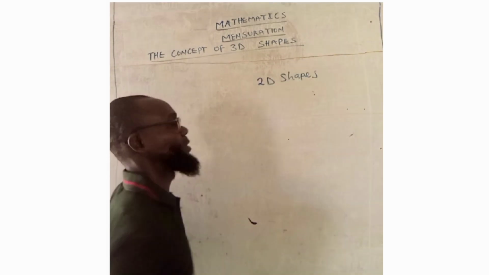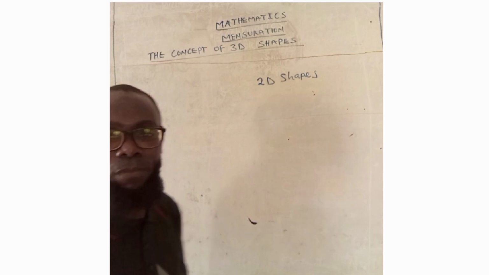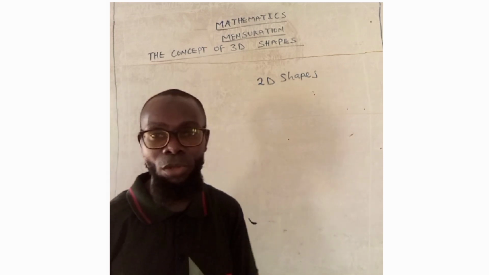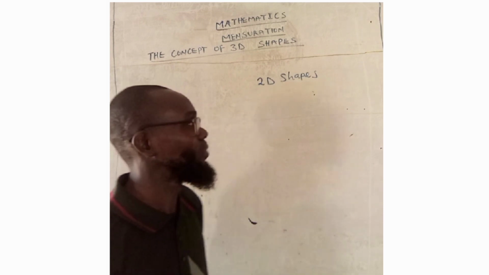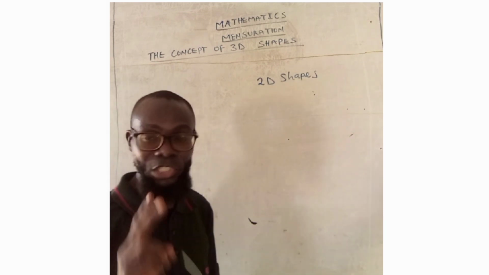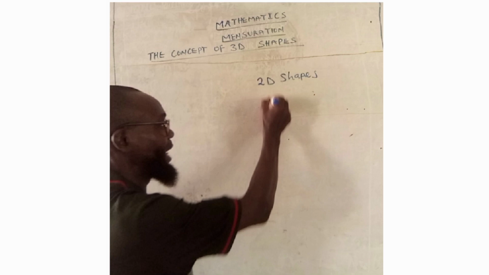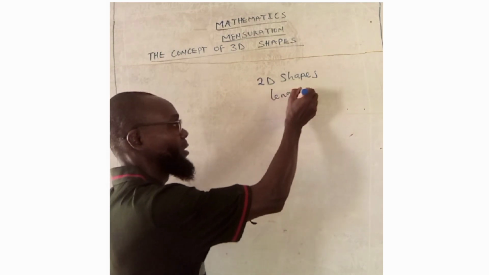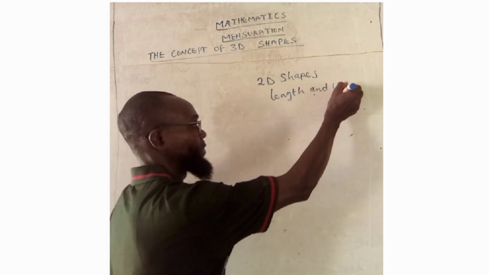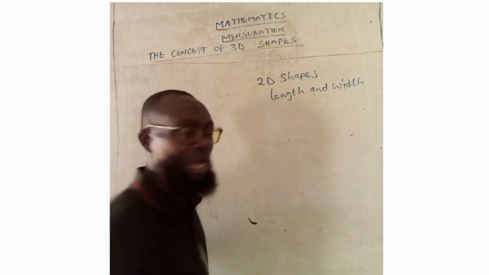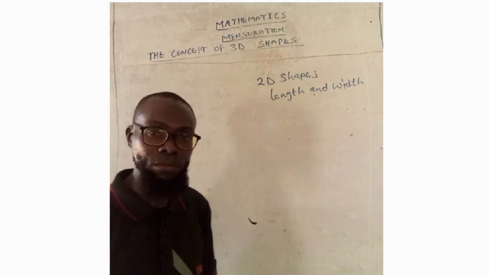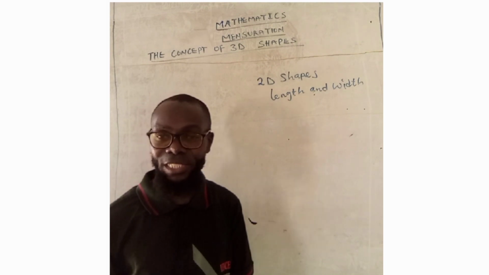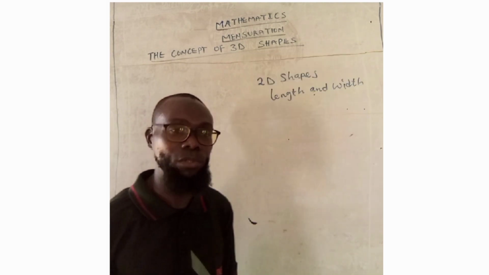2D shapes are plane figures that can be drawn on a plane, meaning they have two dimensions, which are the length and the width. Examples of two-dimensional shapes are triangle, square, rectangle, and so on.